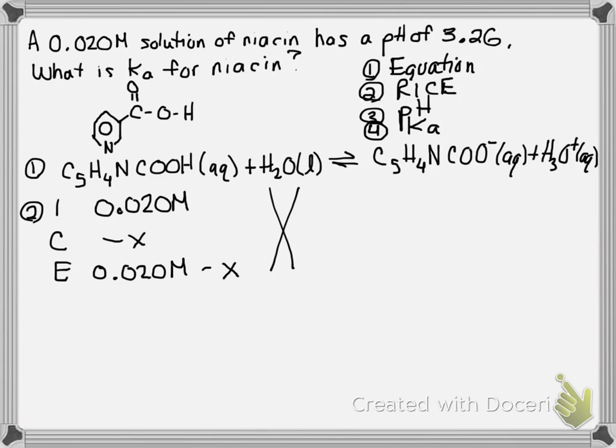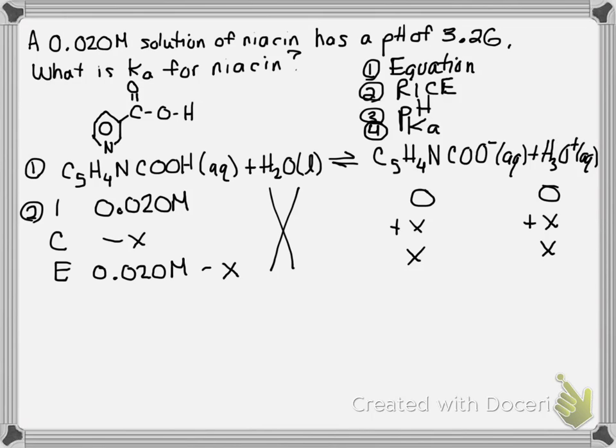And then, of course, the change would be minus x. The equilibrium would be the initial, and then minus x for the change. H2O liquid you can cross out because that's a liquid. It will not appear in the equilibrium constant expression. Then you have zeros for initial concentrations of the conjugate base and hydronium. Hydronium, technically, even in water, you have a little teeny bit, but it is negligible.